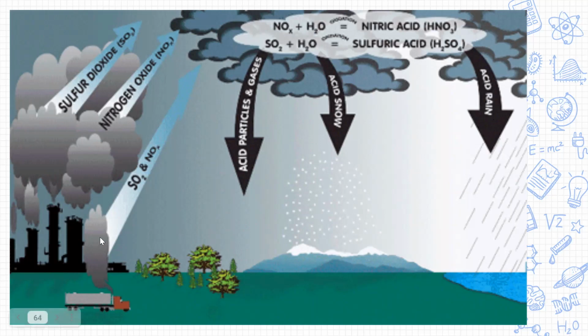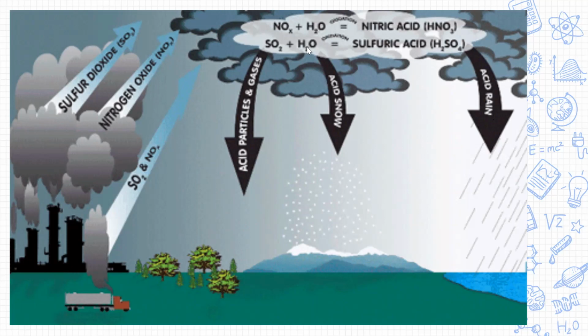Now, when these gases enter into the atmosphere, they will form clouds, and then those clouds will combine with water. So the water in the atmosphere, the moisture, can then form something like nitric acid. So nitrogen oxide plus water will produce nitric acid.